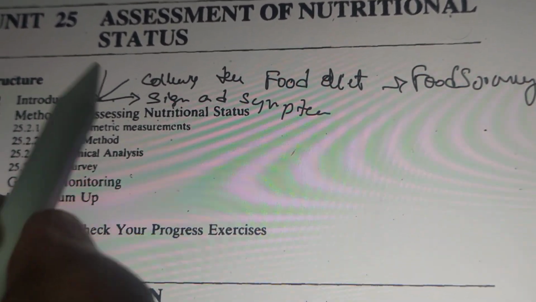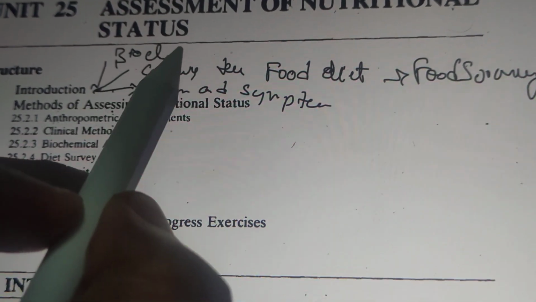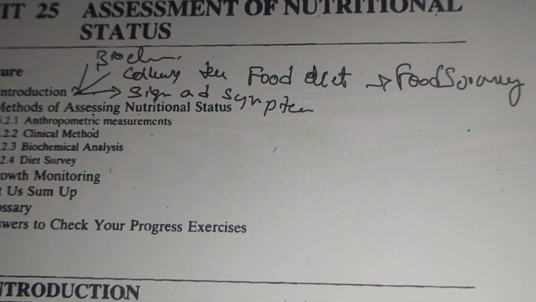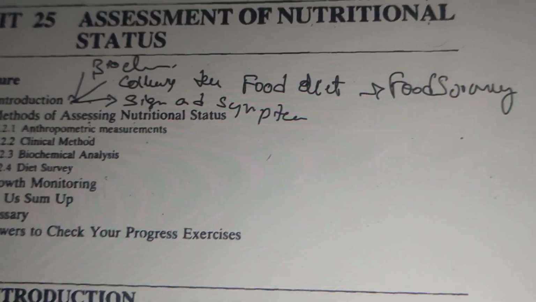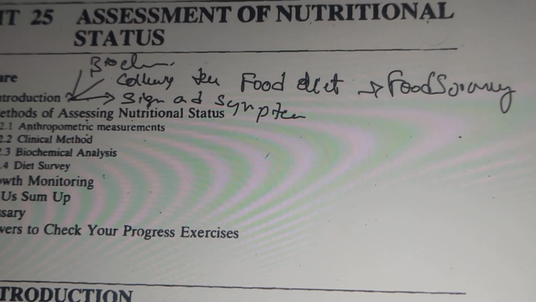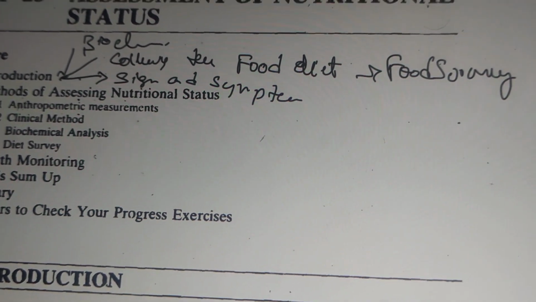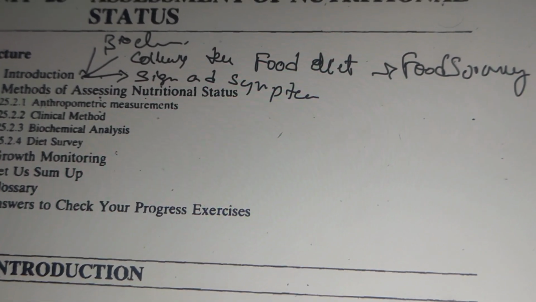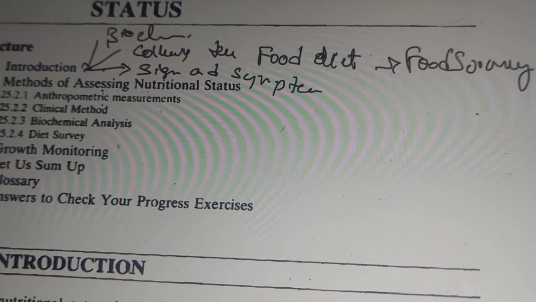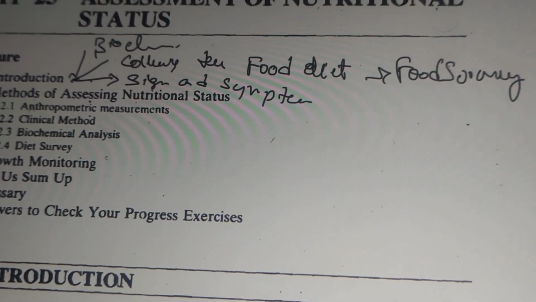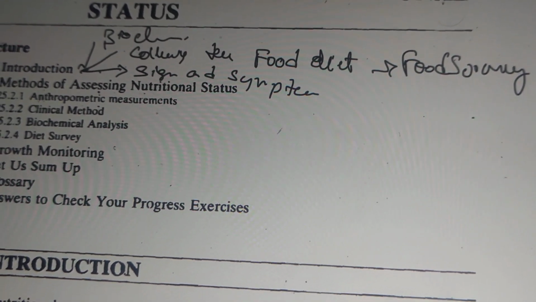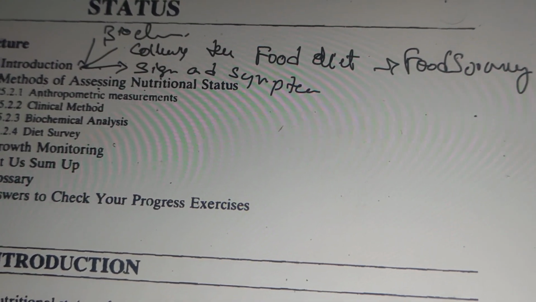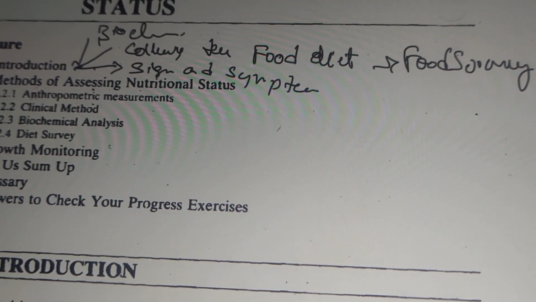And then also you can do the biochemical methods, in which you do different types of biochemical tests. For example you need to know the hemoglobin, whether the patient is taking the iron supplement correctly or not, if he is having sufficient iron or not. For that purpose, you'll ask the patient to go for a hemoglobin check. Hemoglobin of 12 to 14 is the normal range, so less than that is low hemoglobin levels, right?